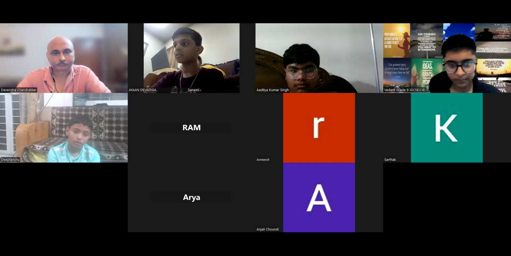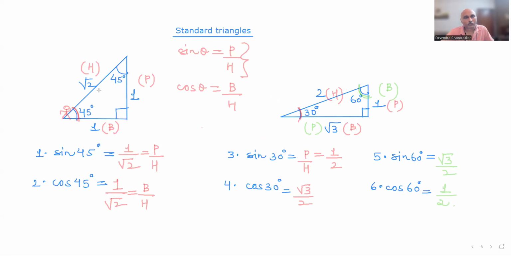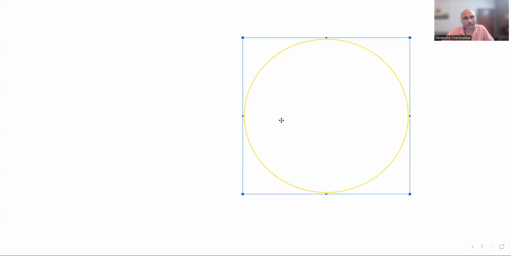So, chalo. Those of you who are in 10th standard, this will be new for you, right? As we now know how to find the trigonometric values of 30 degrees, 60 degrees and 45 degrees, we will use this knowledge to find the trigonometric values of standard angles of the second, third and fourth quadrant, right?